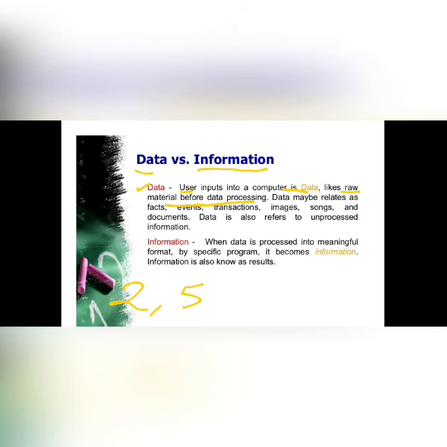Data may be facts, events, transactions, images, songs, and documents. Data also refers to unprocessed information. So now have a look at information. What is information? When the data is processed, we get 7.